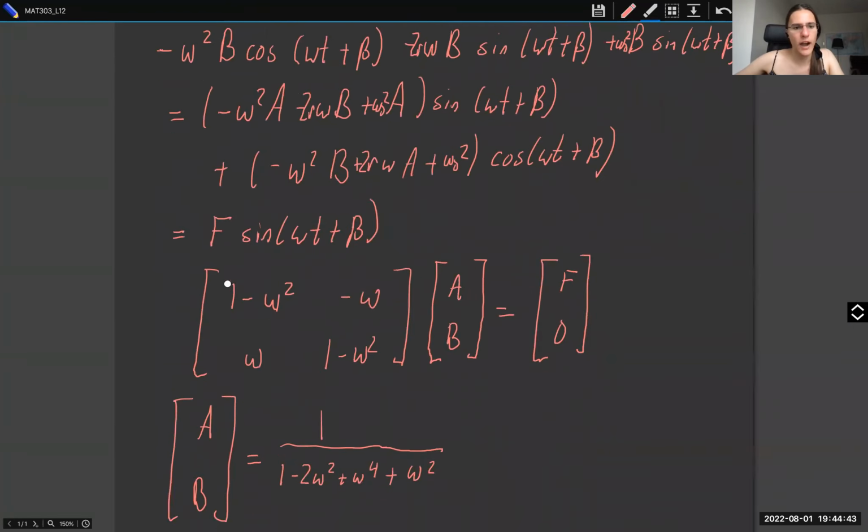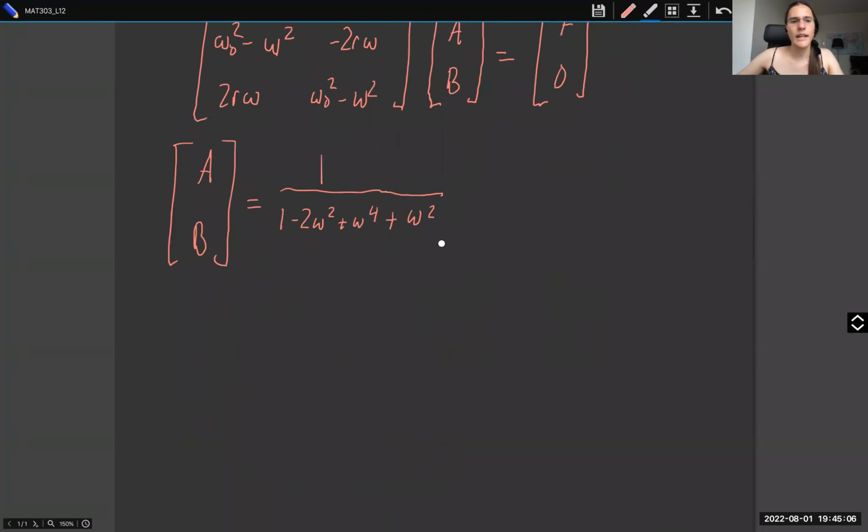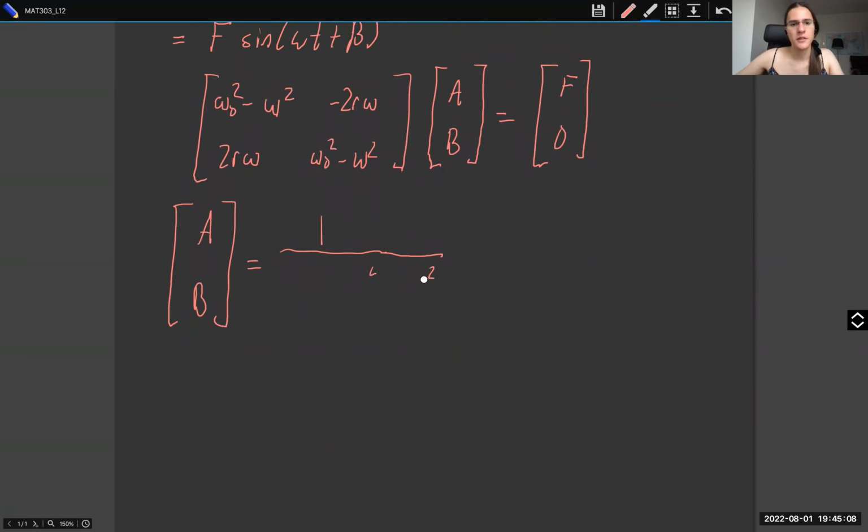So the ones are actually omega naught squareds. And these are actually 2r omega. So that actually makes it nicer.